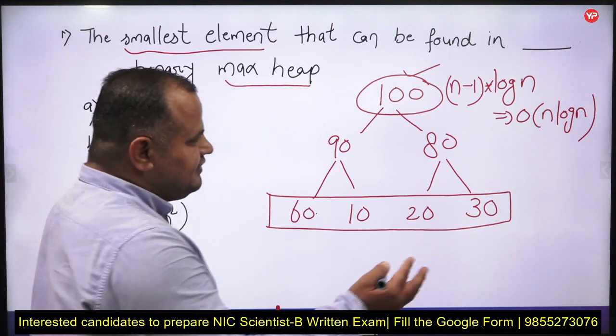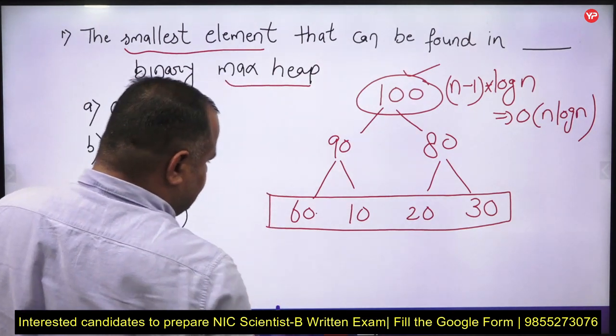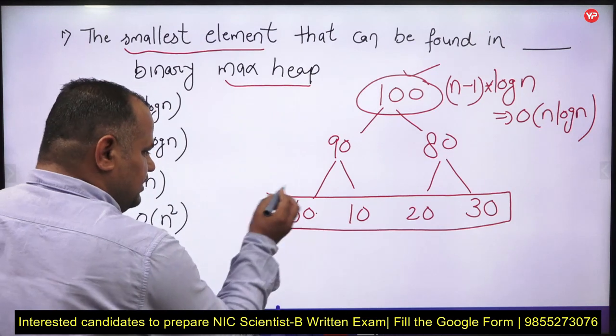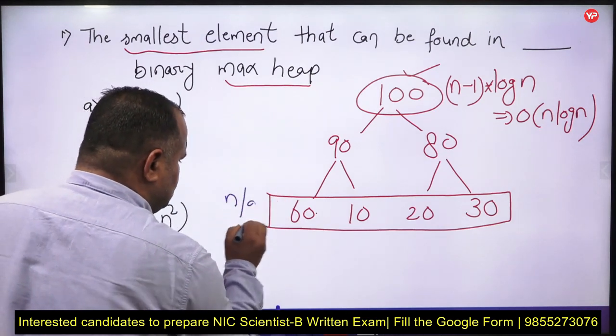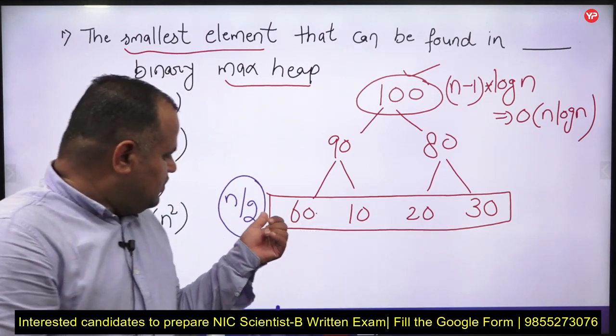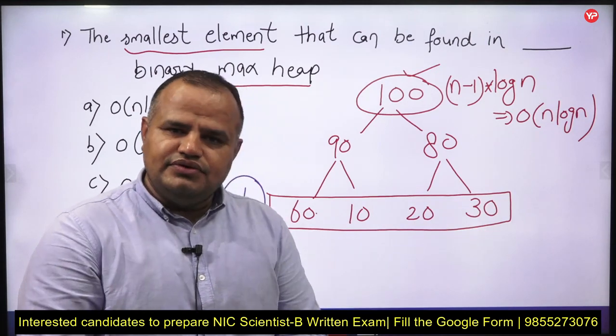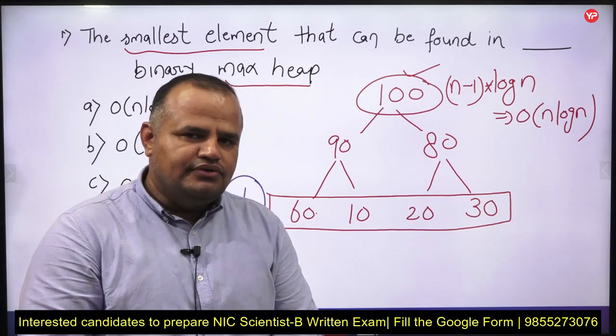Now what is the second approach? We know that at most n by 2 elements of the tree are always present at leaf nodes.